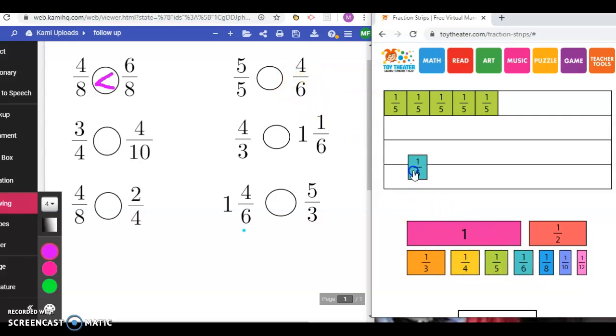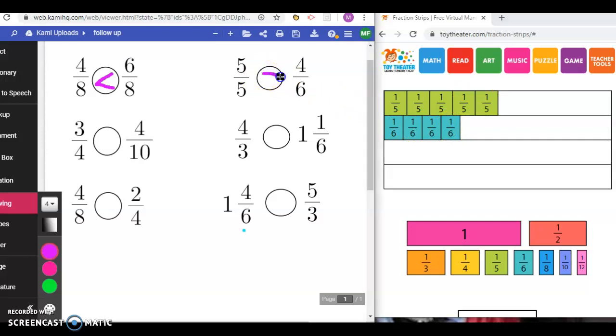Let's look at our 4/6. 1, 2, 3, 4. So we can see here that 5/5 is greater than 4/6. It's greater than. Let's clear this.